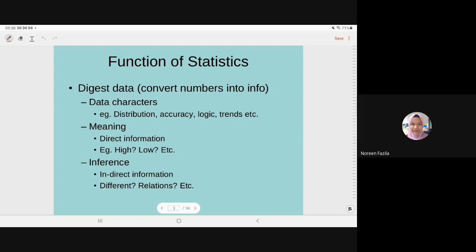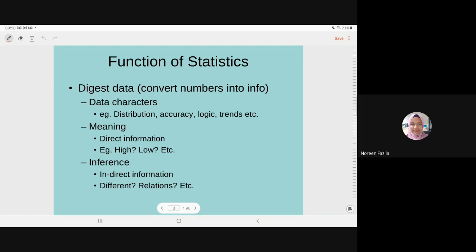When we measure our samples, we get numbers, so we need to convert those numbers into information. Then only can we get understanding. The purpose of doing studies is to get understanding, to produce new knowledge, new understanding of our system.